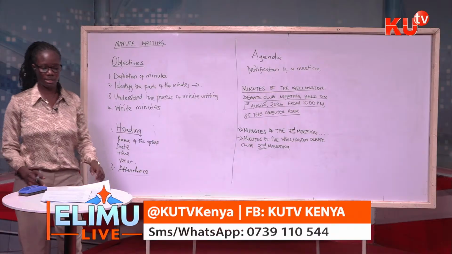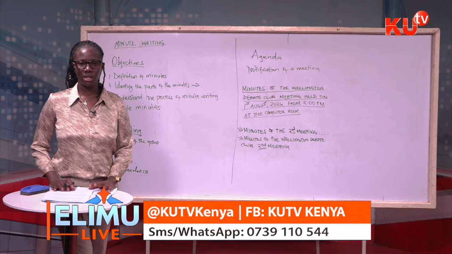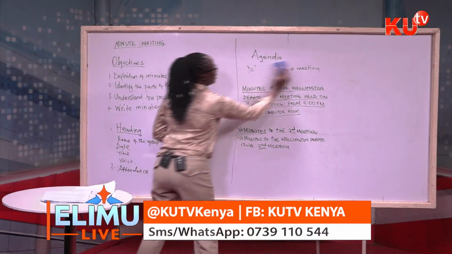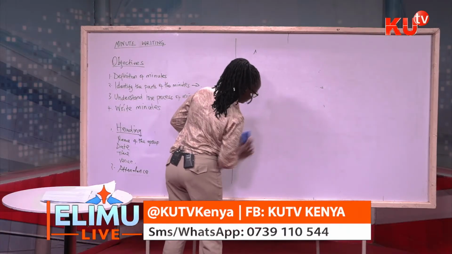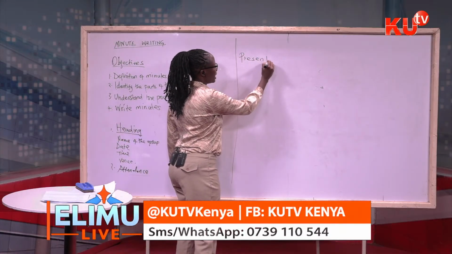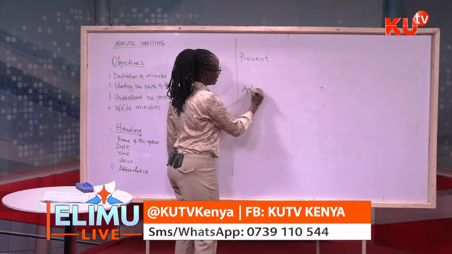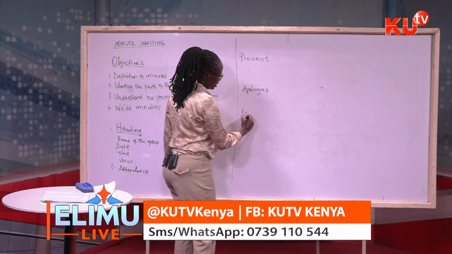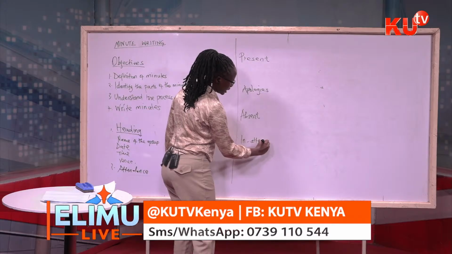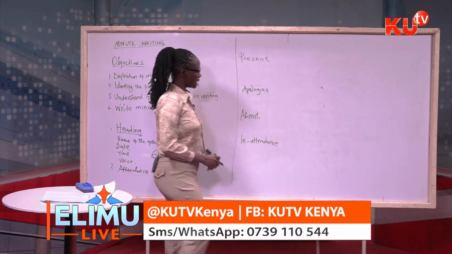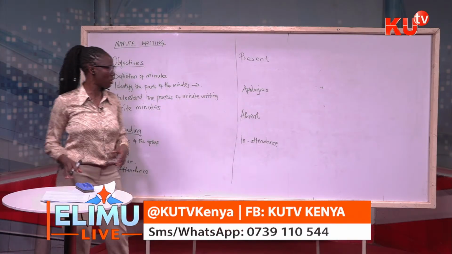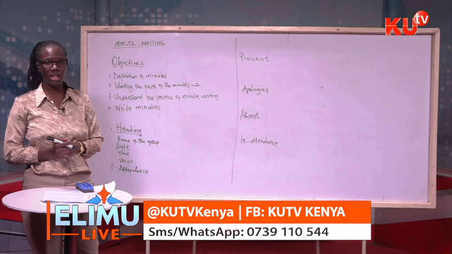And in attendance, we can have 3 or 4 subtitles, whereby you can have members present, and then those who have sent apologies, members absent, and lastly in attendance. So under attendance, it can be maybe 2 subtitles or 3 or 4, depending on the nature of the question.